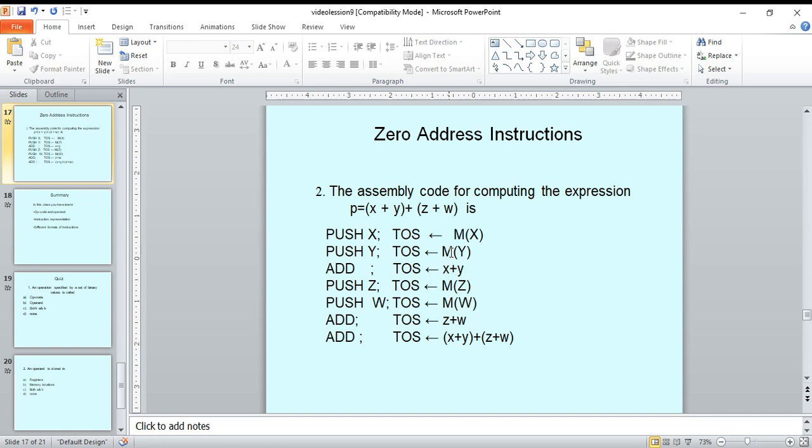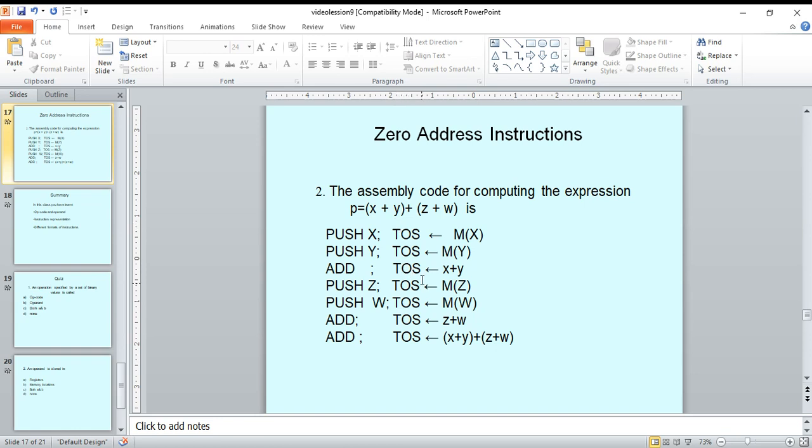Now we have pushed the two values into the stack. Once we push the values, we can perform the addition operation, and the result is once again placed into the top of the stack.